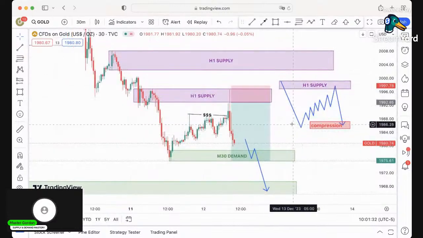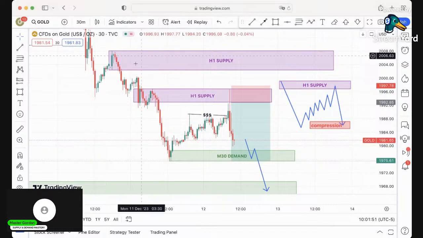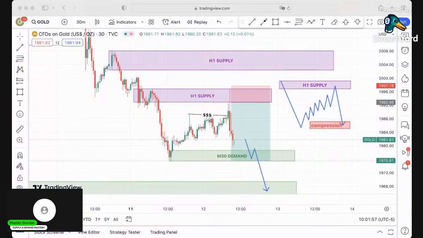Right now we have quite a strong buy limit order in Bookmap. Let me show you the Bookmap before we end the live. Can you see the Bookmap?